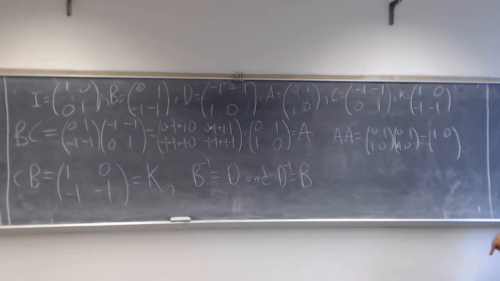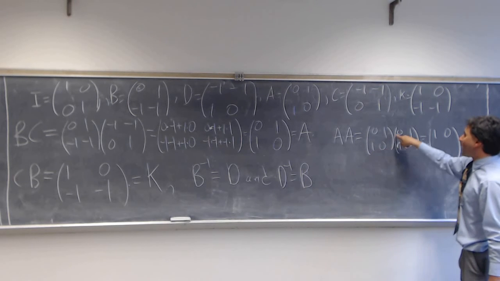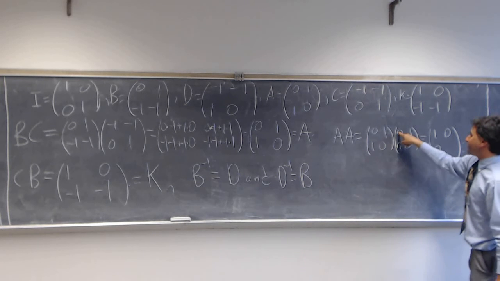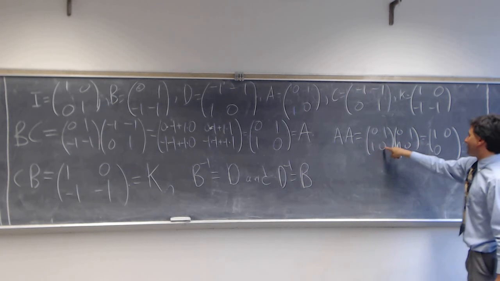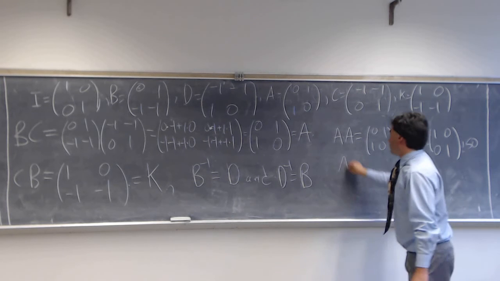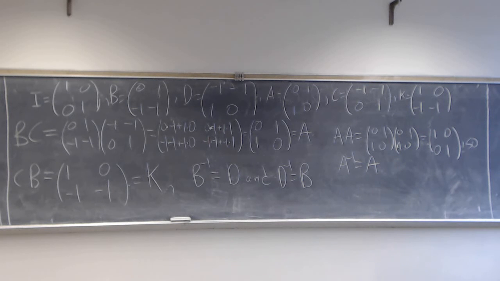And then here, having the 0, 1 in the bottom row will pick off the top row here and put it down here. 0 times 1 is 0, 1 times 0 is also 0, so 0 plus 0. 1 times 1 is 1, plus 0. And so that means that A inverse is equal to A, right? Because A times A gives you the identity matrix.